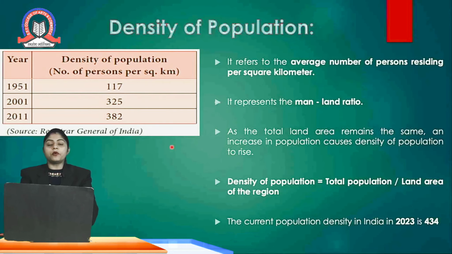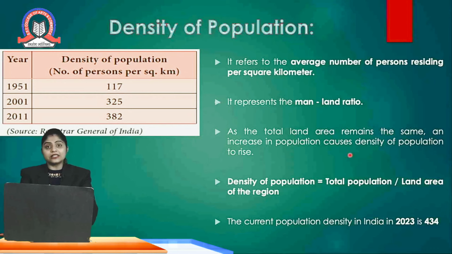The second point is density of population. What exactly does density of population mean? The average number of persons residing per square kilometer. How many persons reside per square kilometer? It is nothing but the man and land ratio. The total land area remains the same.